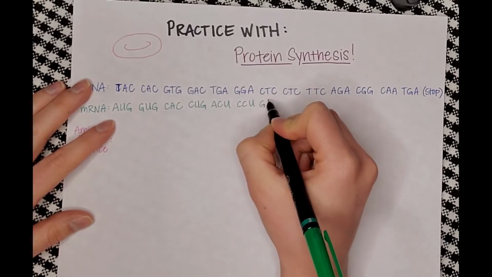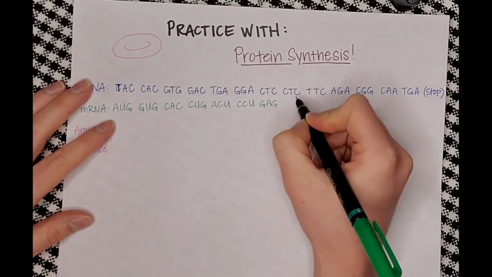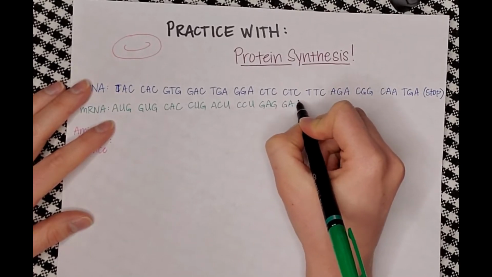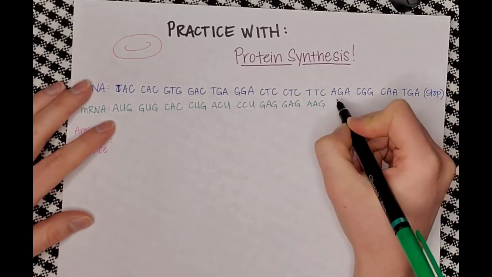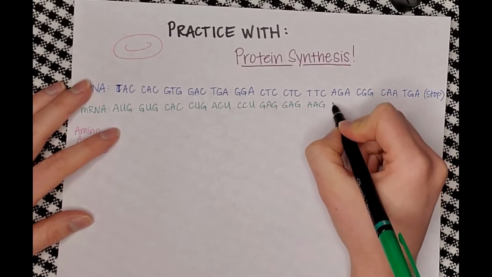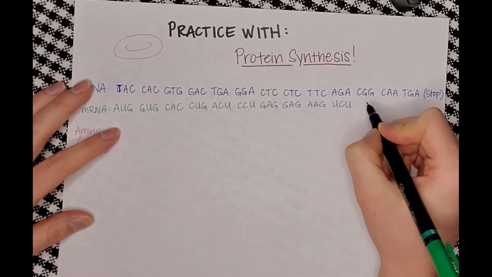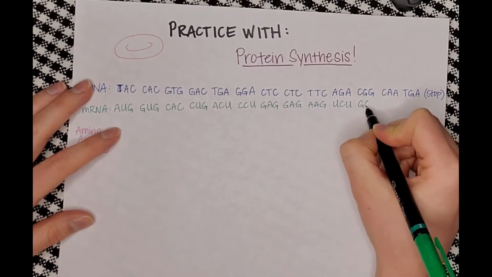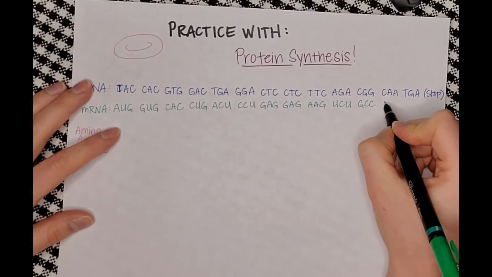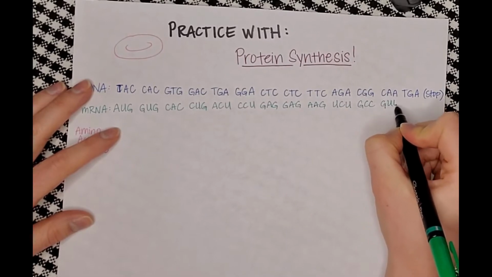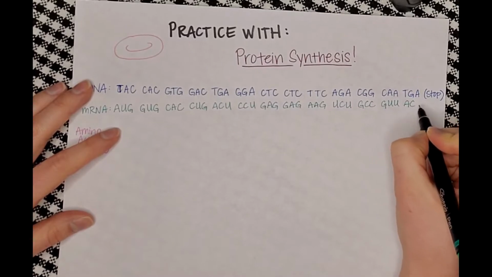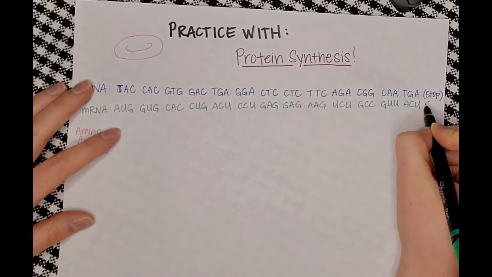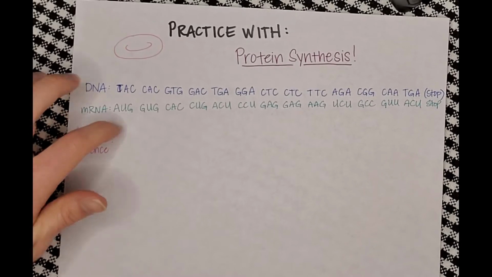CTC becomes GAG. TTC becomes AAG. AGA becomes UCU. CGG becomes GCC. CAA becomes GUU. And then our last one here, TGA becomes ACU. After that, there's a stop codon, so we can put stop again if we want.